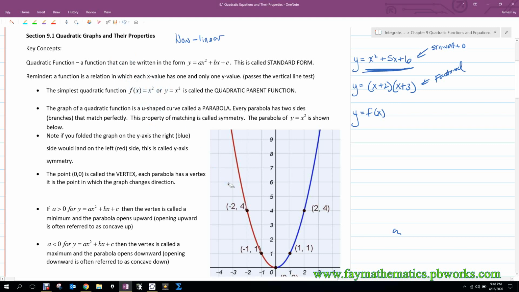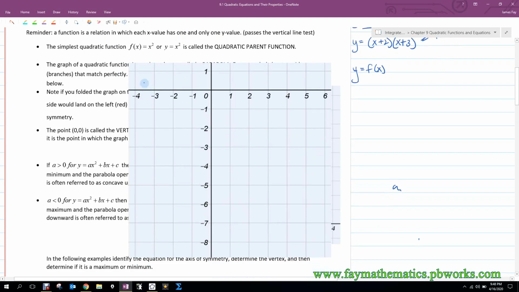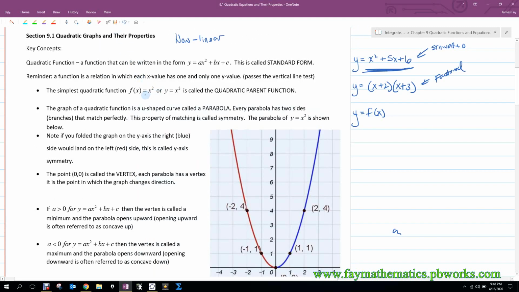Anything of the form x squared, f of x equals x squared or y equals x squared, is called the quadratic parent function, meaning it is the simplest version of a quadratic. Every other quadratic function is based off of that or starts with that.